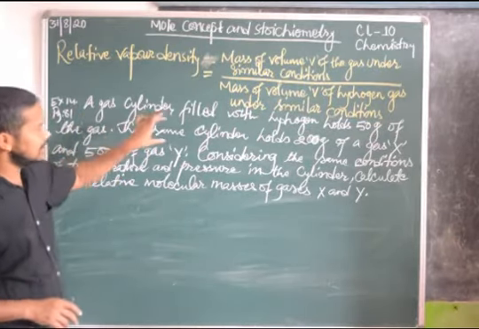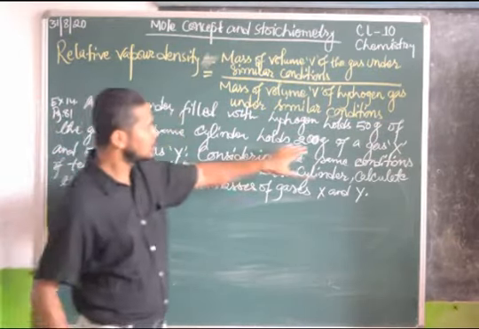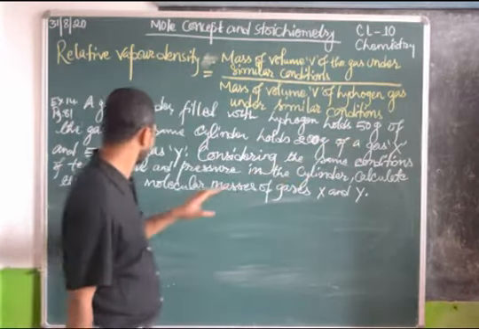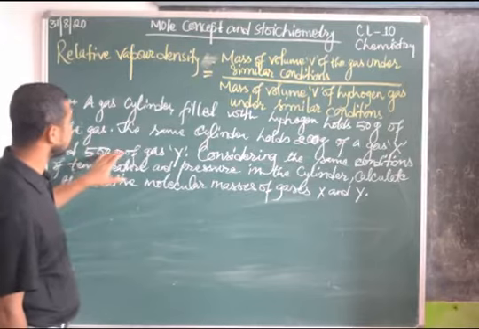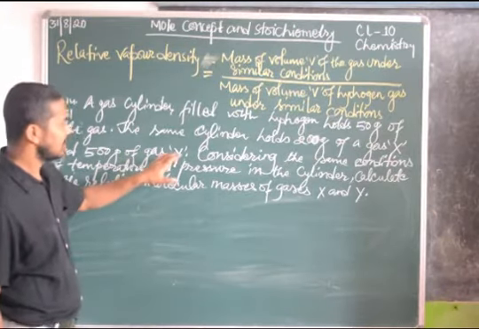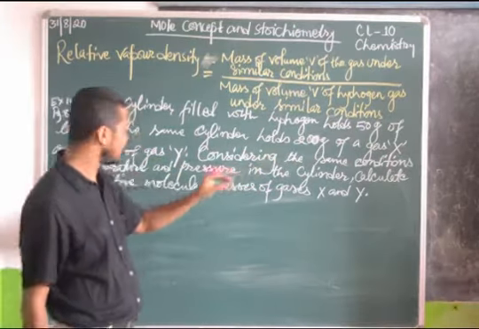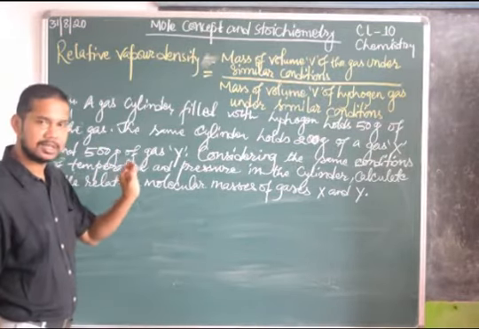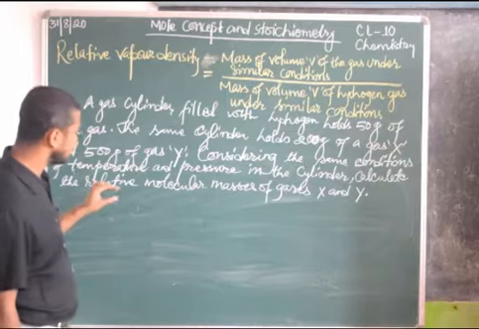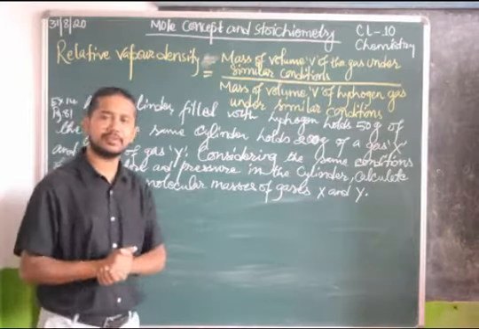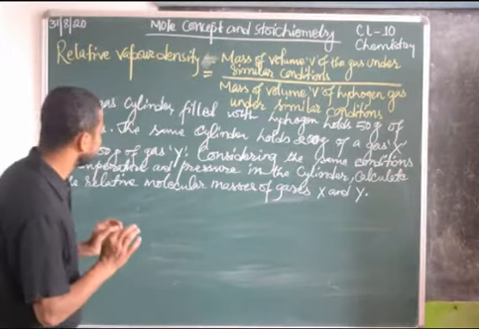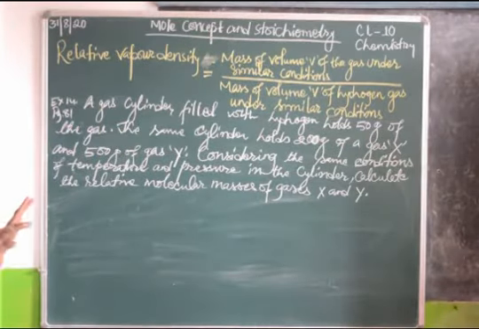The same cylinder holds 200 gram of a gas X and 500 gram of gas Y. Considering the same conditions of temperature and pressure in the cylinder, calculate the relative molecular masses of gases X and Y. So the question is very much clear.